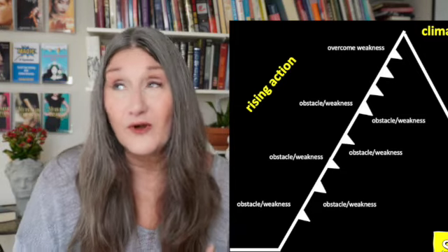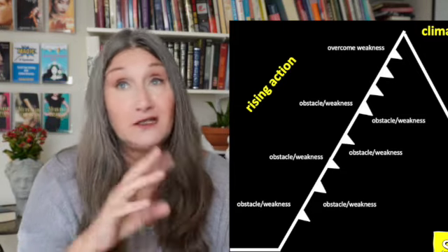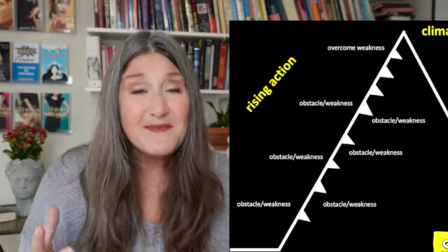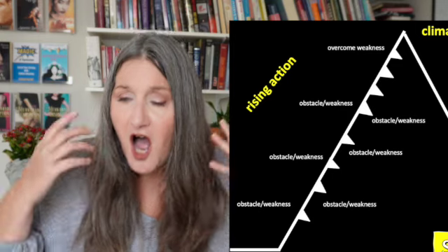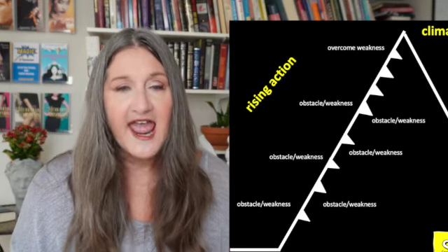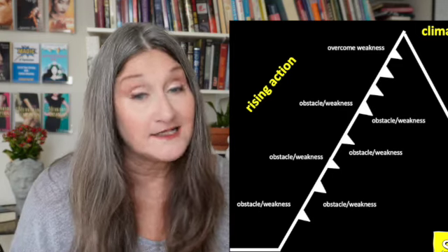Right before, right after, during, a little bit of all of it. The climax is where it all gathers like a perfect storm, right? Of conflict for the protagonist, and maybe even the antagonist as well.